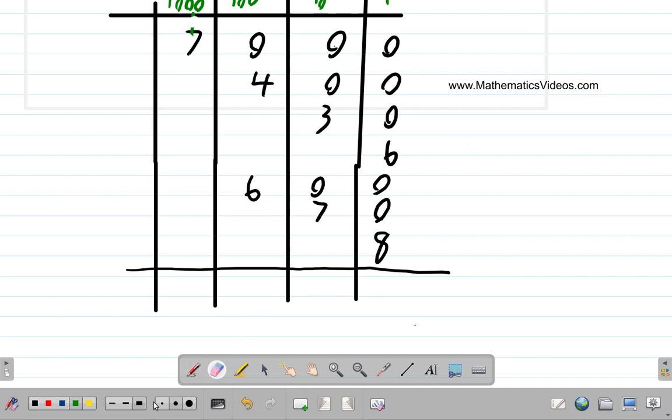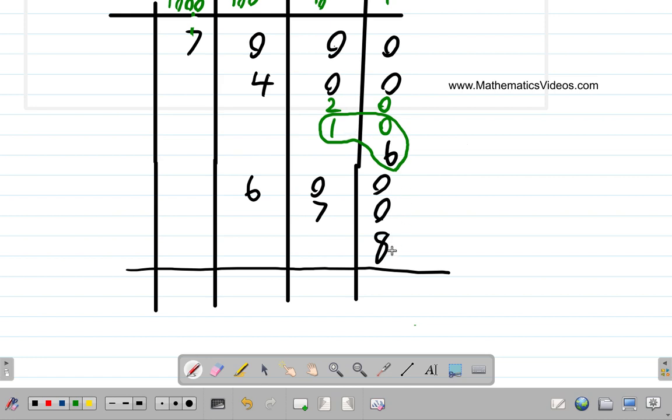So, we could do that. This 30, we split it up into a 20 and 10, because 20 and 10 give you 30. Now, this 10 here, you lump it up with the 6. And say a 16.